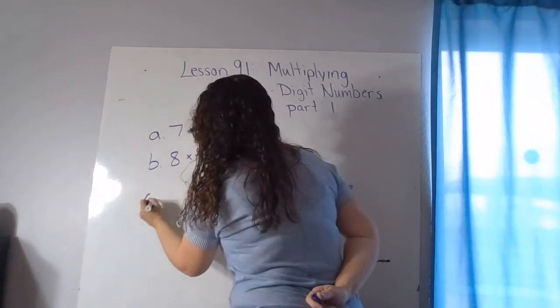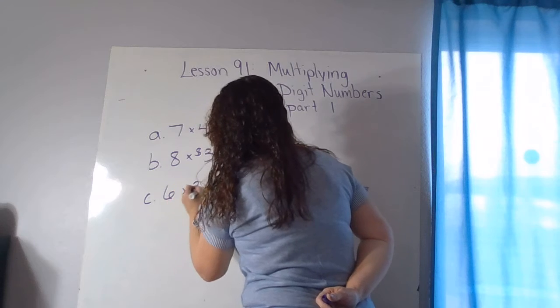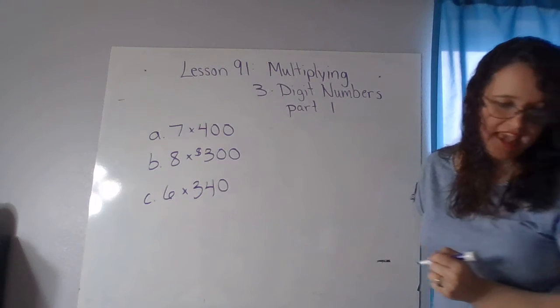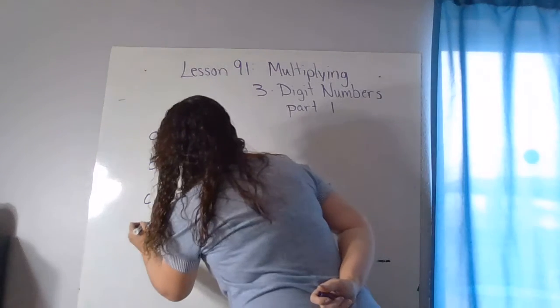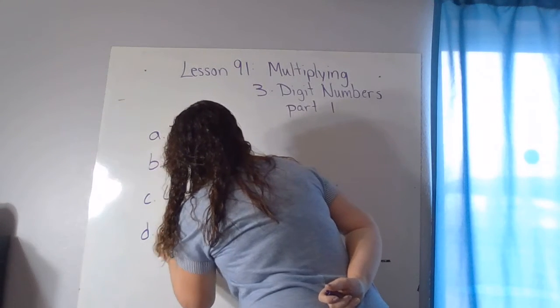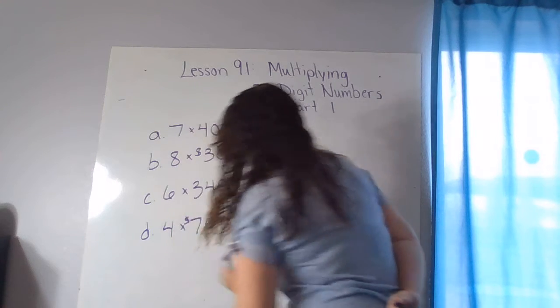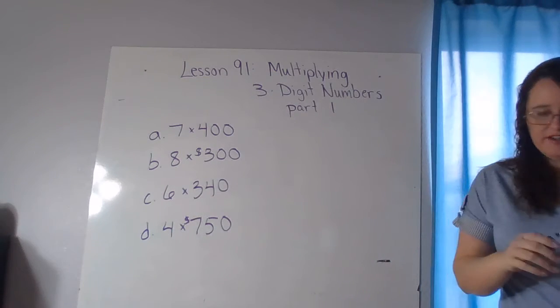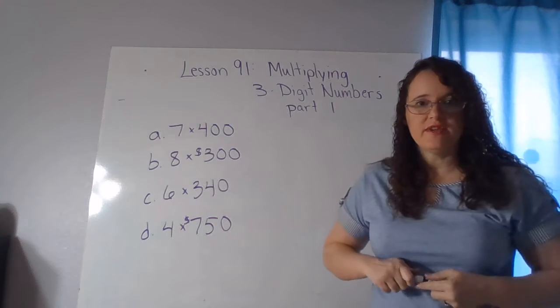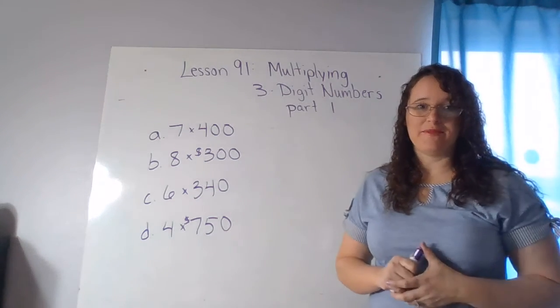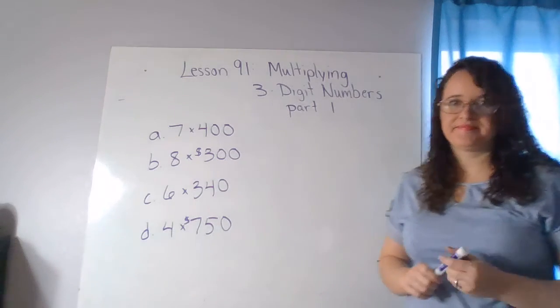Then we have 6 times 340. And finally we have 4 times $750. So I want you to pause the video here, try these 4 on your own, and then come back when you're ready to see the answers.